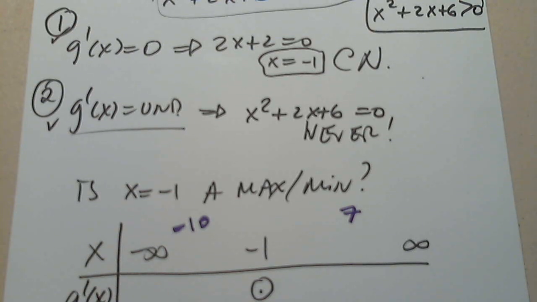So I go back to the graphing calculator and I put in the derivative. And the derivative is, in parentheses please, 2x plus 2 at the top and you divide by, and in parentheses always, x squared plus 2x plus 6. And close.